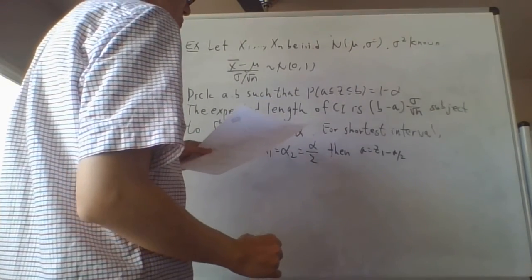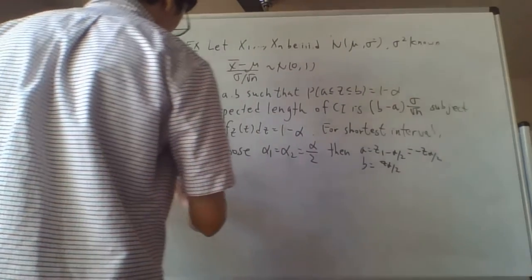Then A is the Z percentile with 1 minus alpha over 2, which is equal to minus Z alpha divided by 2, and B is Z alpha divided by 2.